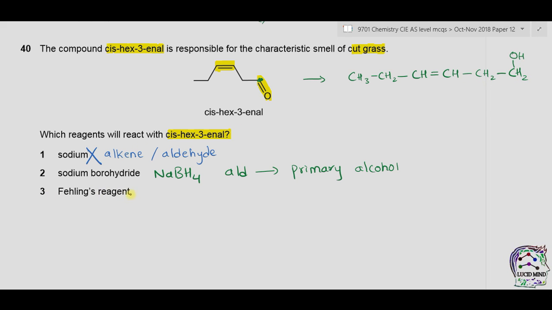Third one is Fehling's reagent. Now Fehling's reagent can react with aldehyde to give positive result. It does not react with alkene, so therefore as aldehyde is present, Fehling's reagent will give positive result. As option 2 and 3 are correct, answer is C.